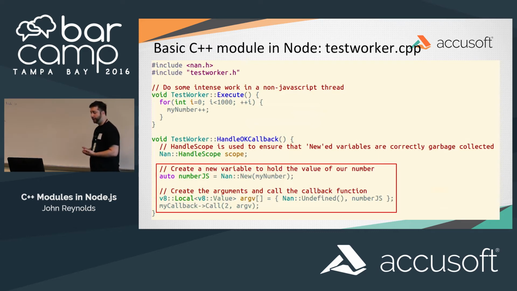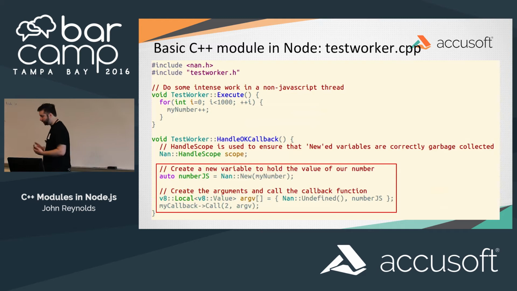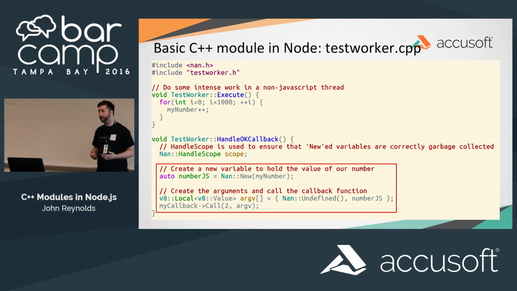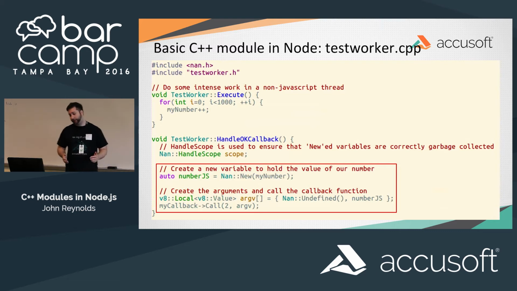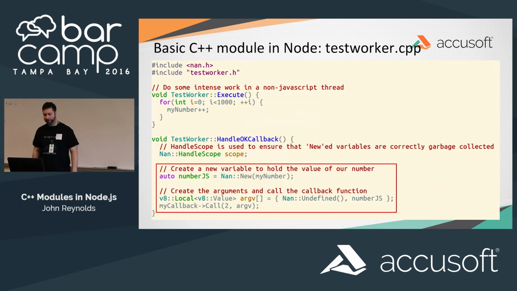Most Node callbacks always start with the error as the first argument to the function and your result as the second argument. So in this scenario, because there were no errors in the calculation, we return an undefined, or anything really that's falsy you can return. And we're going to return our JavaScript variable as the second argument. Then we're going to invoke the callback.